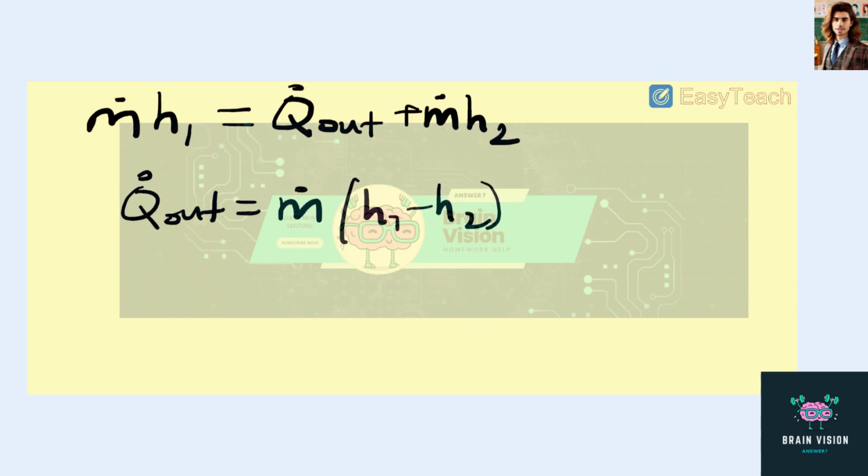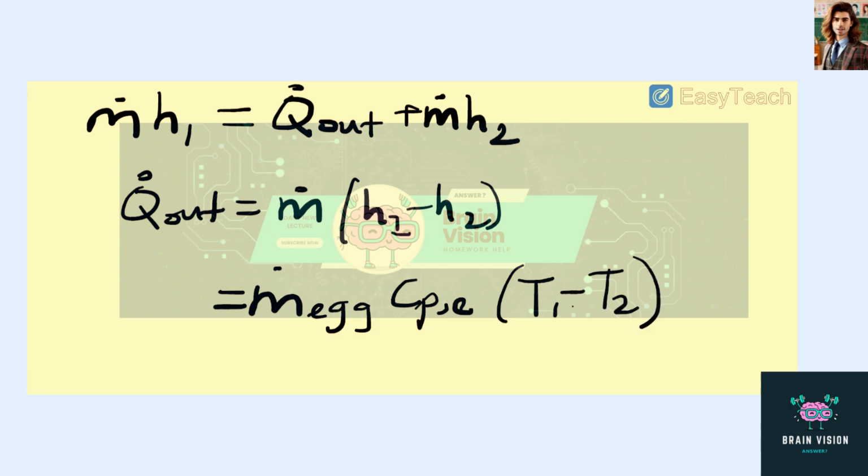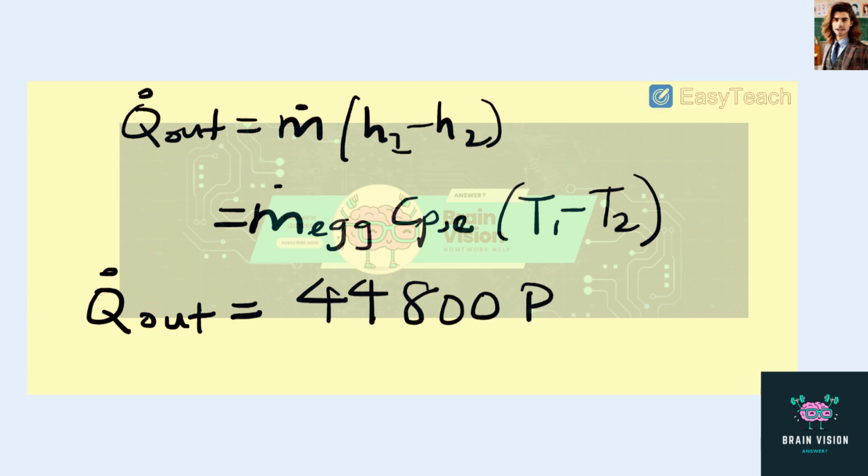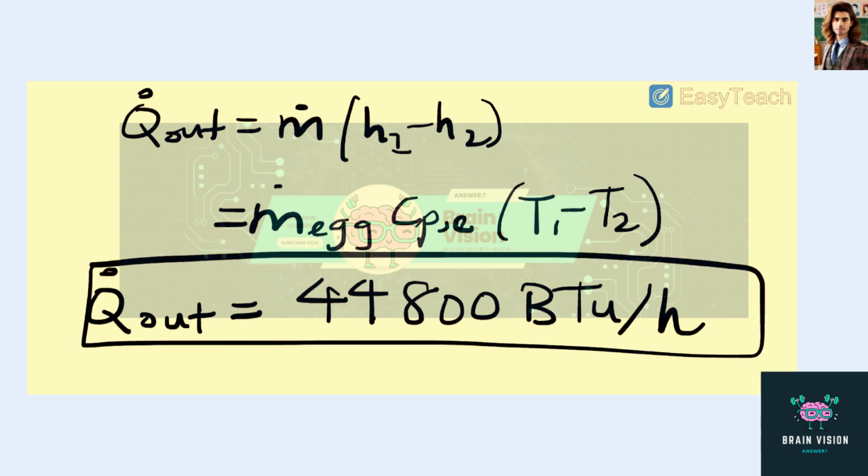Now we can use the definition of enthalpy to say that H is equal to Cp times T. Therefore, this is equal to m dot egg Cp egg times T1 minus T2. Now these are all quantities that are given to us or we've solved for, and therefore we can get a total Q dot equal to 44,800 BTU per hour. And that is one part of our answer.